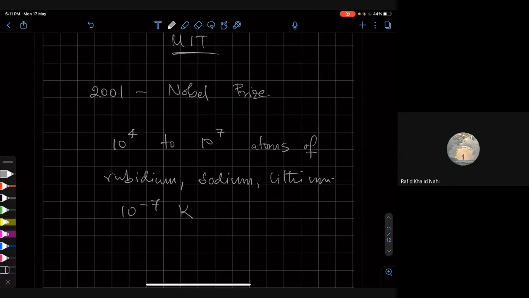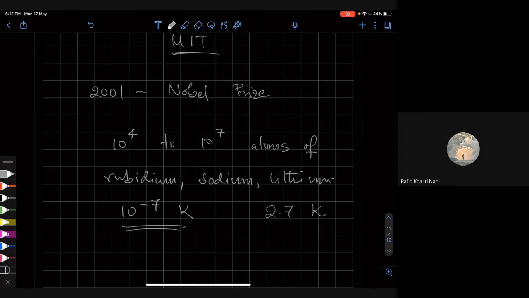So this is much colder than the vacuum of intergalactic space. As you know, the cosmic microwave background is about 2.7 degrees Kelvin, right? So this is a lot smaller than that. So they had to block out everything.